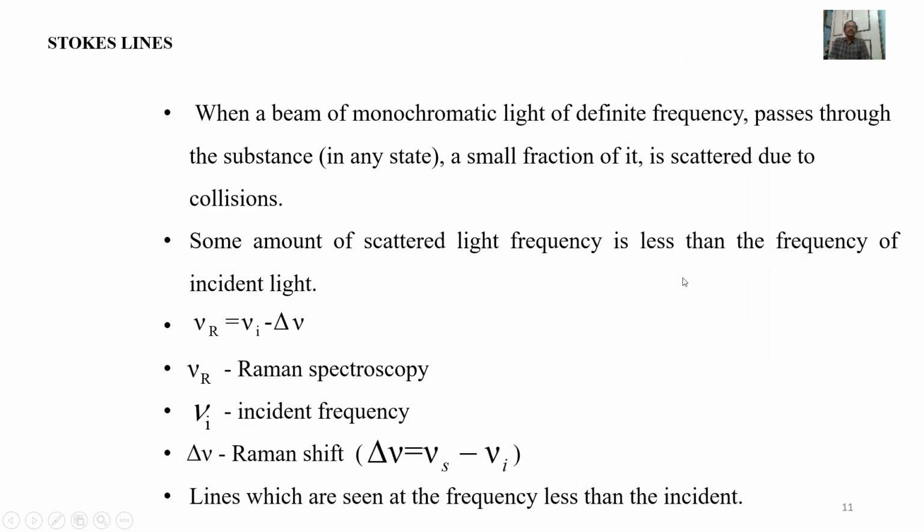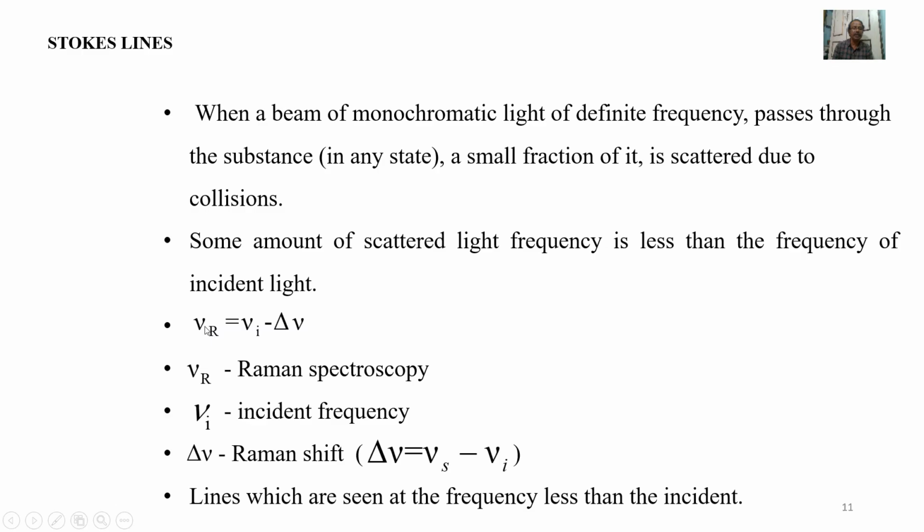Next one is Stokes lines. When a beam of monochromatic light of definite frequency passes through a substance in any state, a small fraction of it is scattered due to collisions. Some amount of scattered light has frequency less than the frequency of incident light. So nu r is the Raman line, the Raman wave number.